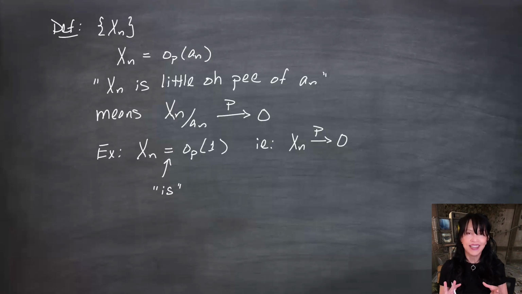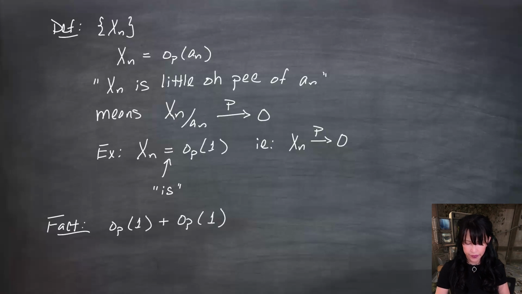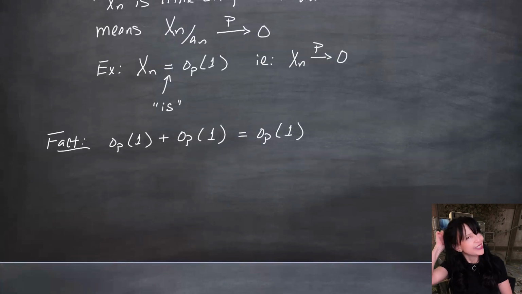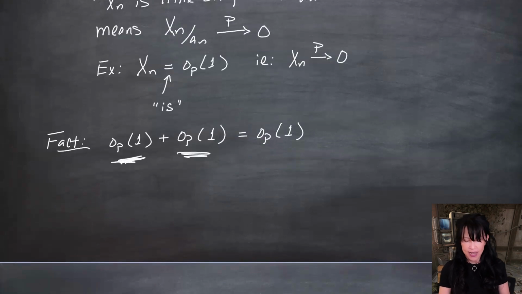And then we get all sorts of cool arithmetic, like, here's a little fact for you. Little o p of 1 plus little o p of 1 equals little o p of 1. The point I'm trying to make, I'm rushing here, is that this represents some function with a property, and this represents some function with the same property, but not necessarily the same function.